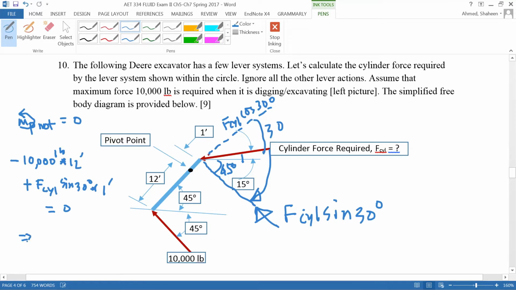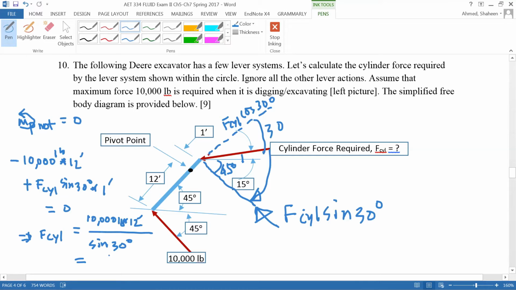So if we solve for the cylinder force, F cylinder, it's going to be 10,000 pounds times 12 inches, divided by sine 30. So it's going to be 10,000 times 12 divided by sine 30.